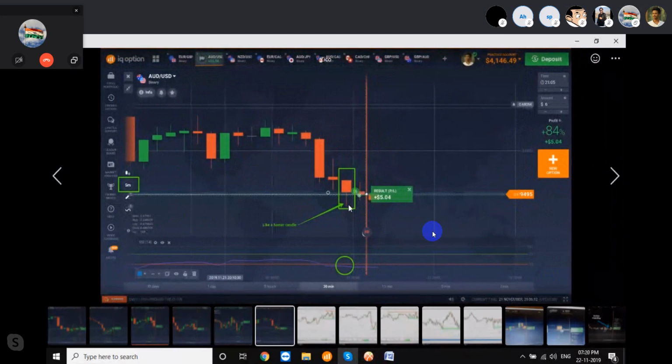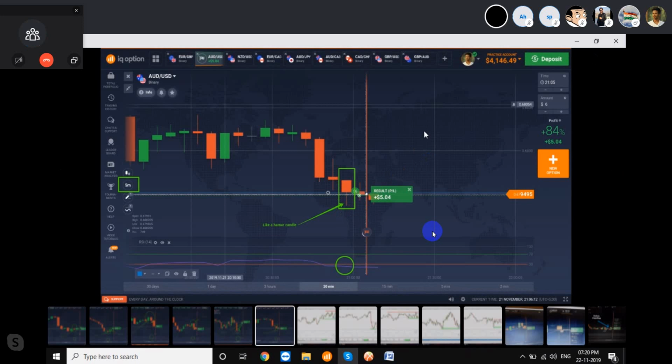Okay, like a hammer. Again I'm asking others whether it is a hammer. Sir, no, the tail is not big. Sometimes you are committing mistakes on the body, sometimes on the tail. Okay, fine. Others, please tell me, is it a hammer candle? No, the tail is too small.